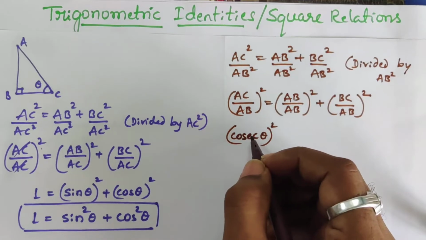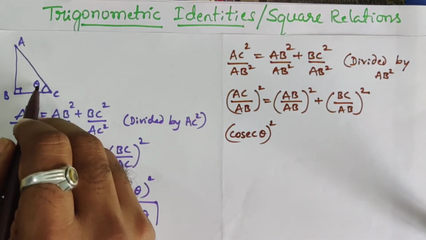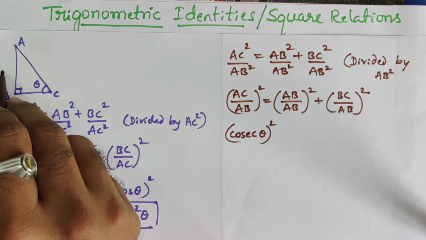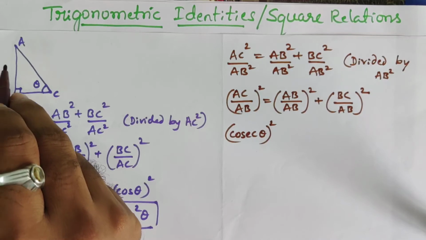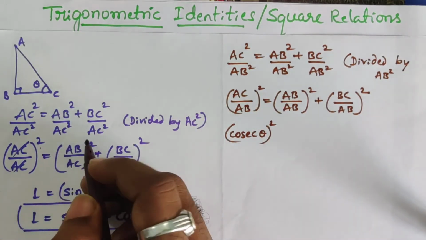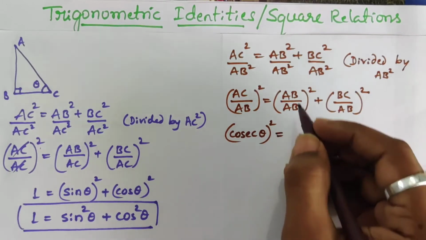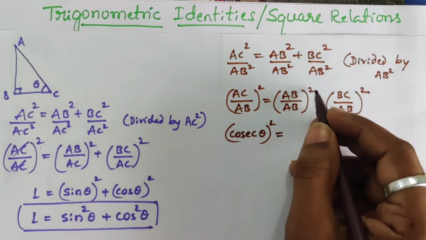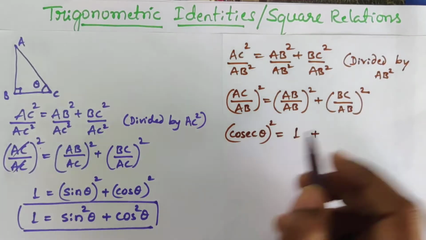AC by AB means cosec theta. Why is it cosec theta? We know that with respect to theta, this is the opposite side. Opposite by hypotenuse is sine. Now we require AC by AB, that means it's the reciprocal. So the reciprocal of sine is cosec theta. Now AB cancels, 1 square, so I can directly write it as 1. Now BC by AB.